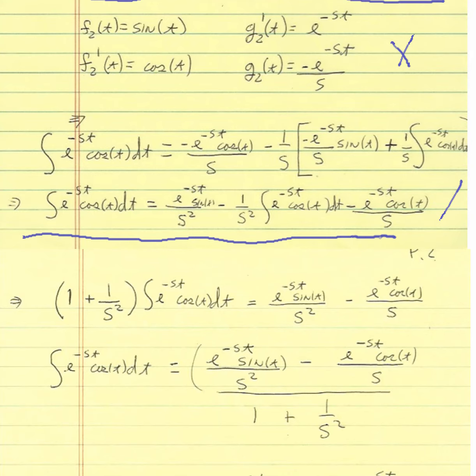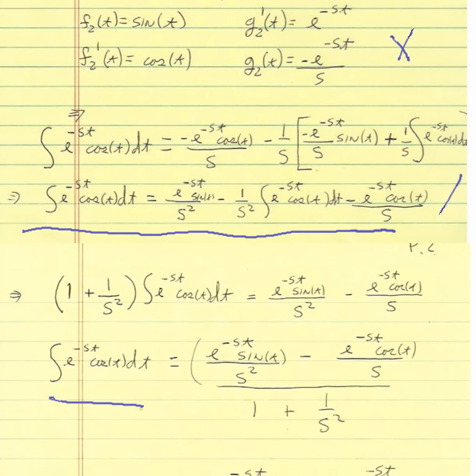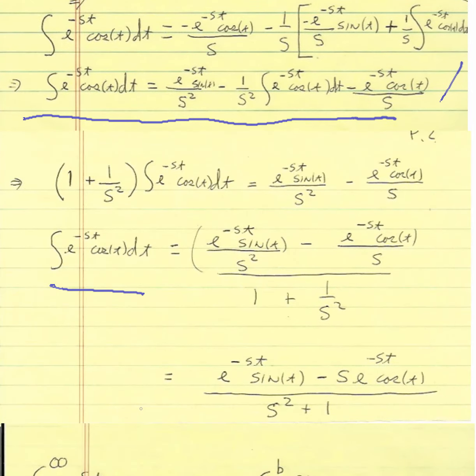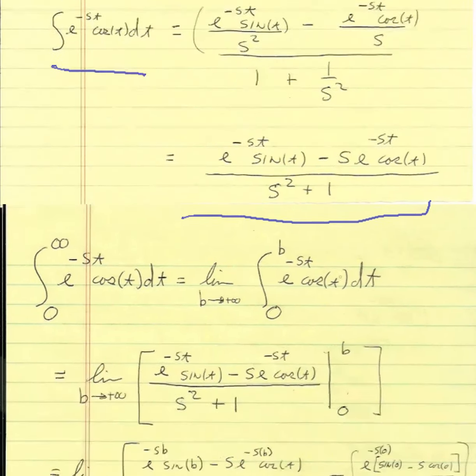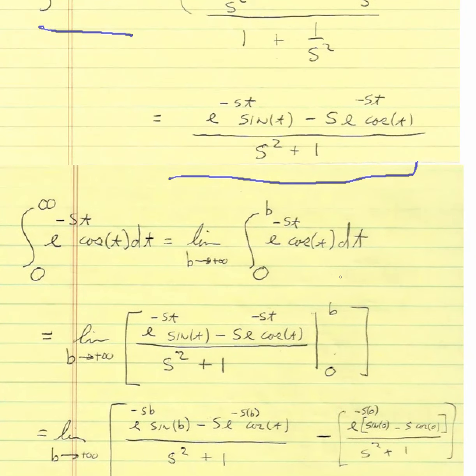Okay, I've done some algebra, and so here we have it. That finally we see that the integral of e to the minus s times t times the cosine of t dt is given by this expression right here. Now we will use the definition of what this integral is.